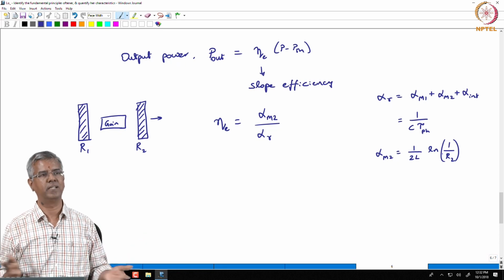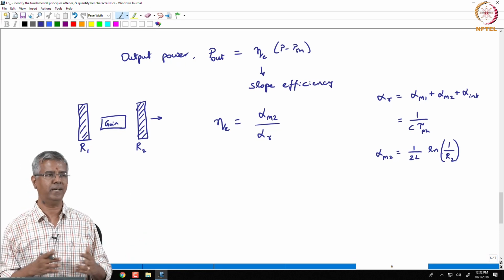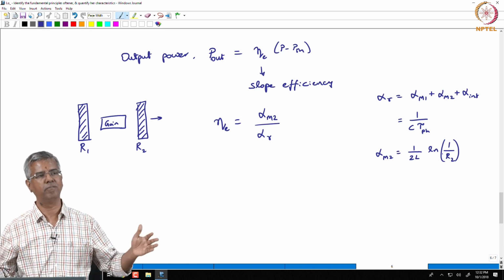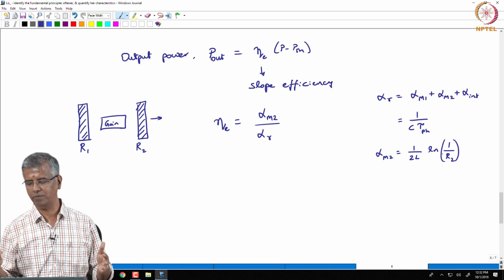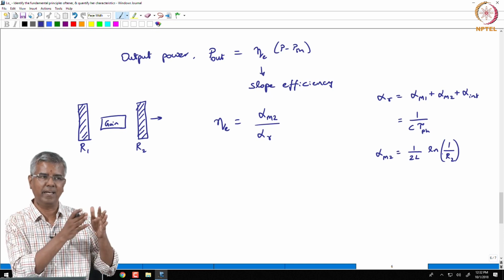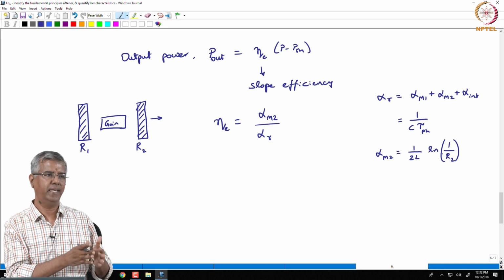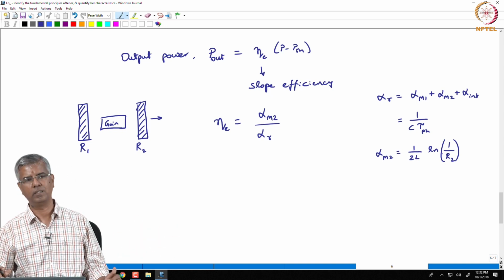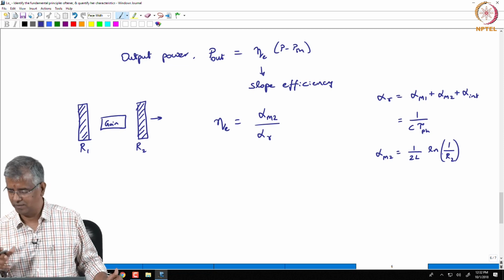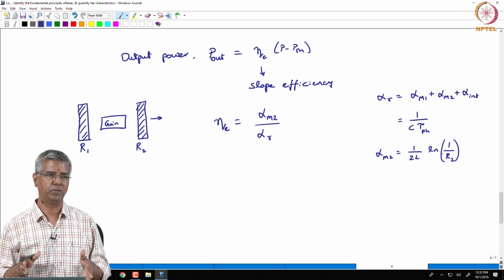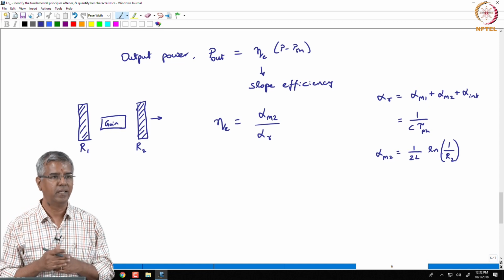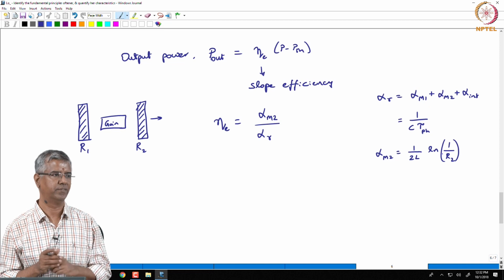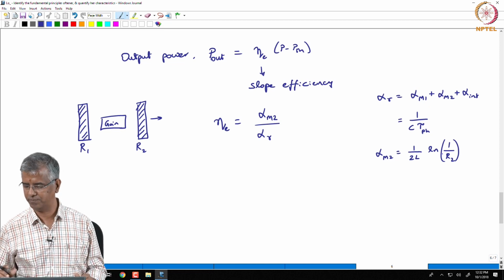But when we are looking at alpha r, it is a per meter quantity. So, just so that we have everything equivalent, we are taking a lumped quantity and making it as if it is distributed across the cavity. But physically, the mirror losses are just a lumped quantity, not a distributed quantity.